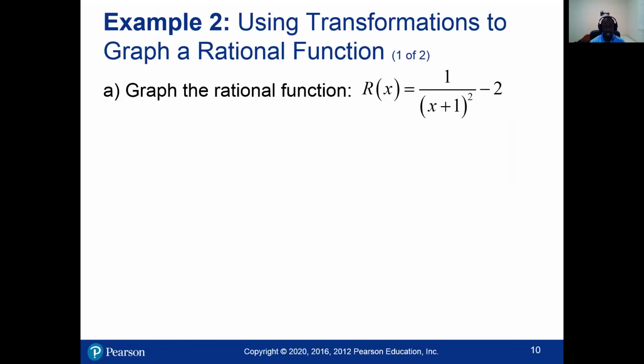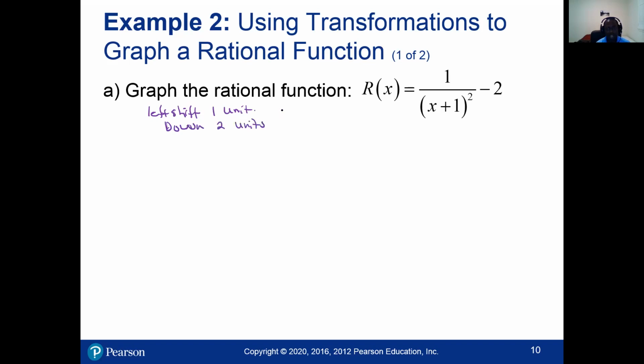Okay. So now let's use transformations to graph the following function. We have to graph the rational function 1 over (x plus 1) all squared, minus 2. Now we can talk about the transformations. In this case, it's going to be a left shift of 1 unit, and it's going to go down 2 units.